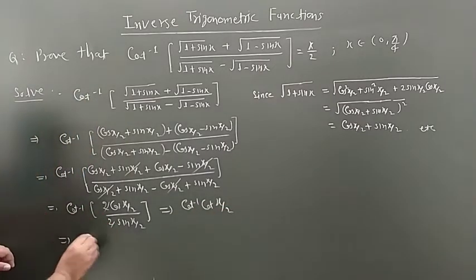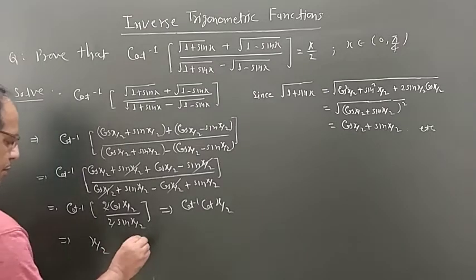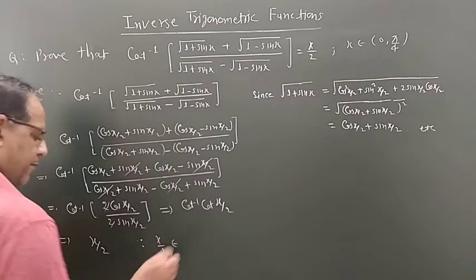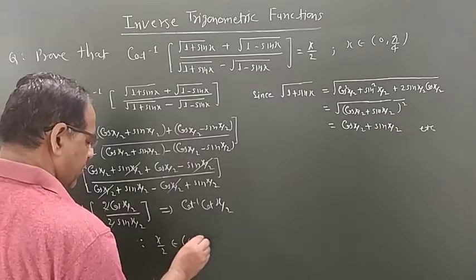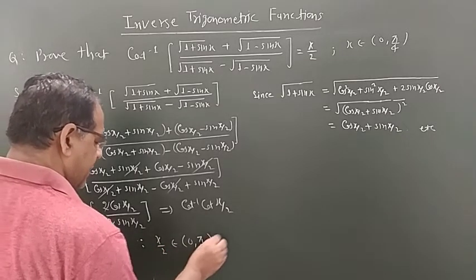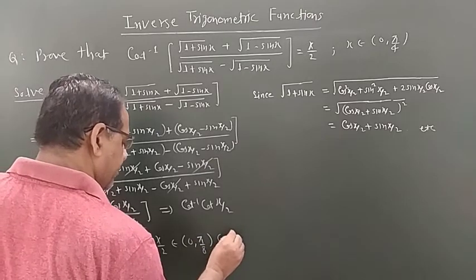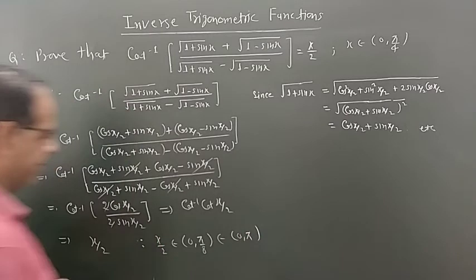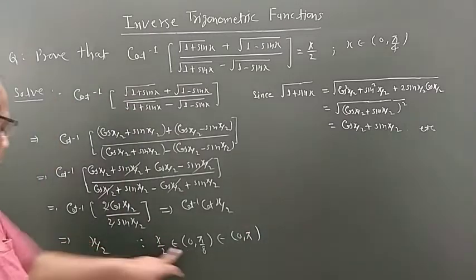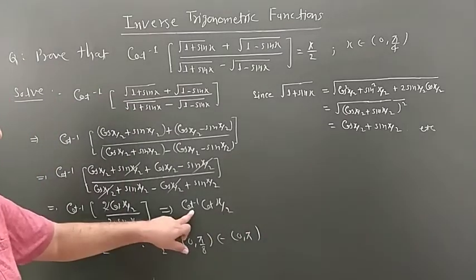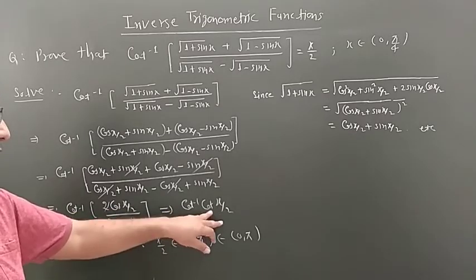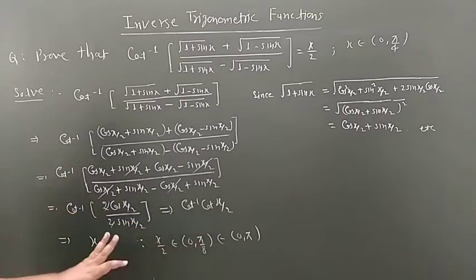This implies x/2, because x/2 belongs to 0 to pi by 8, belongs to 0 to pi. So x/2 is coming inside the principal value branch of cot inverse. So this cot inverse adjusts with cot, we have only x/2.